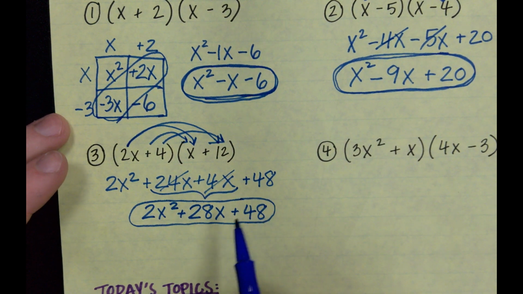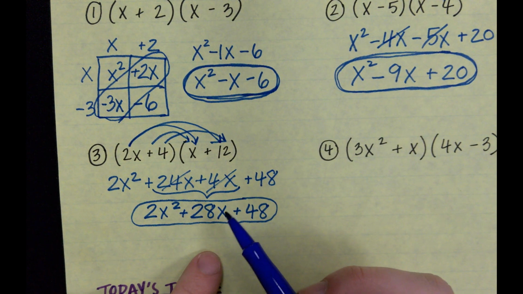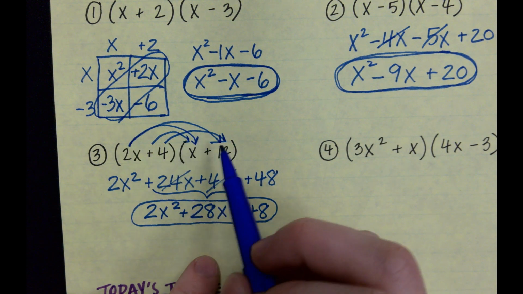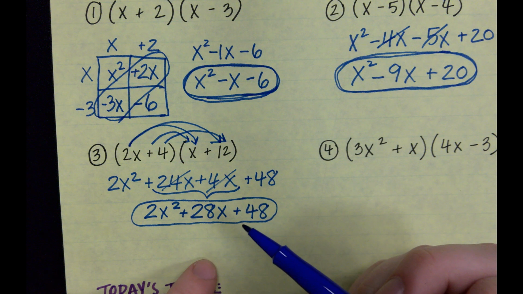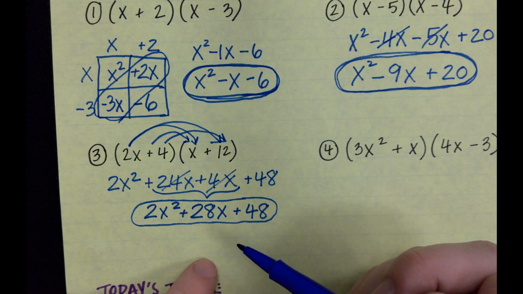Any questions? Somehow I got negative 28. I don't know how I did that though. You probably wrote it down. What does your original problem say for number 3? It's just like 2x minus 28x plus 48. I don't know if I just accidentally put the minus sign or something.